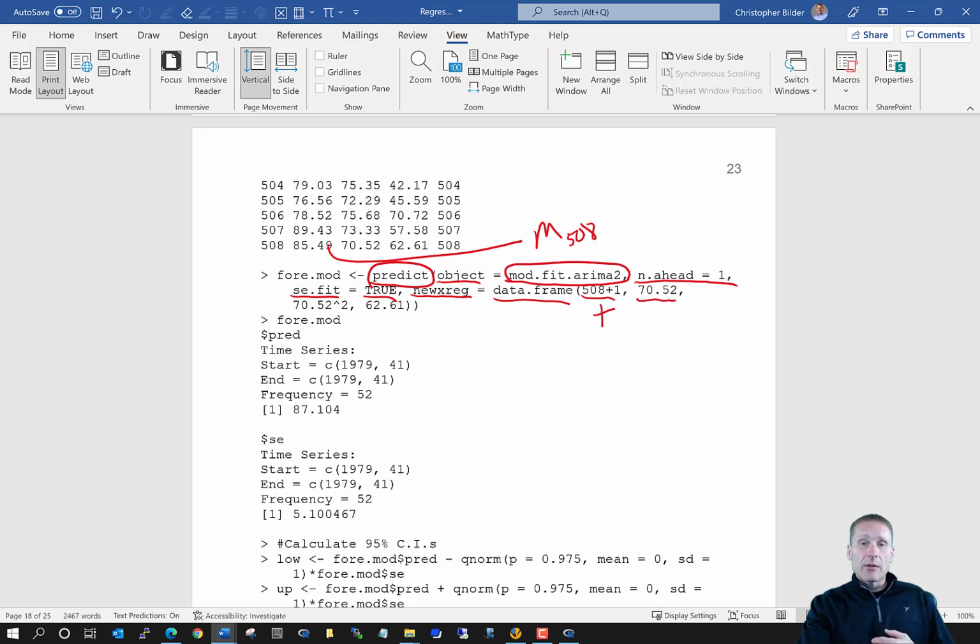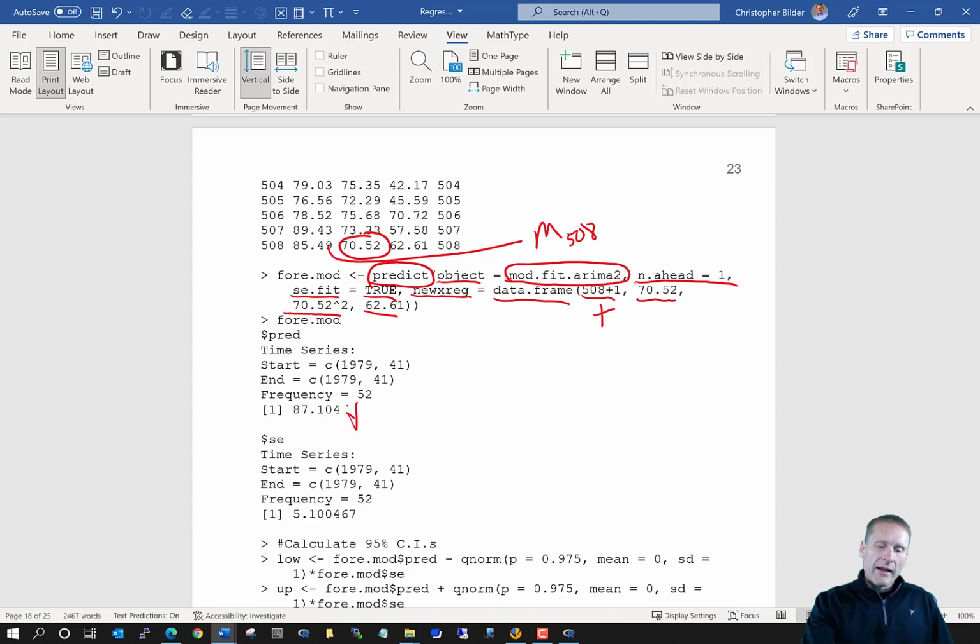Then I put in my temperature. Like I said, I'm just going to use the previous temperature because I don't know what that temperature would be otherwise. If somehow you knew the temperature would be different, then put in that value. Here's my temperature squared. And here's the particulates from the previous time point as well. I put all the results into an object called for.mod.